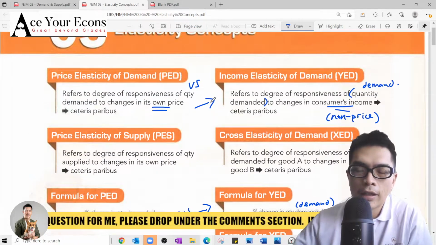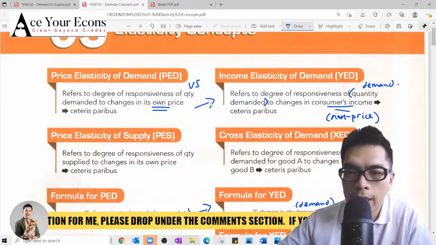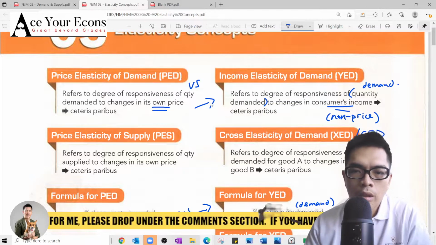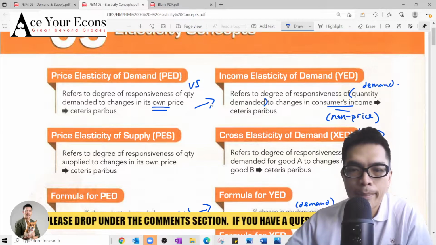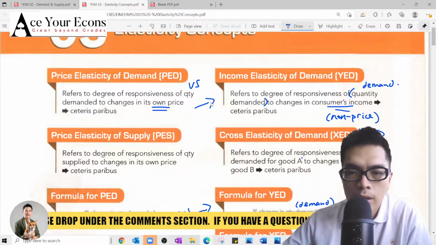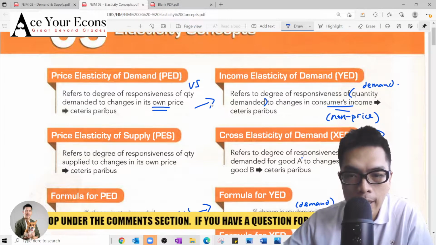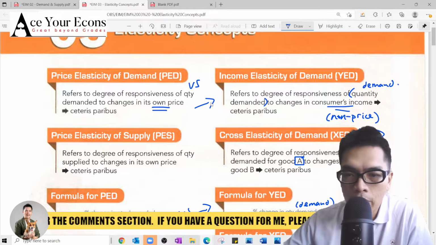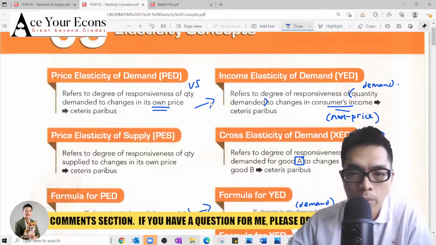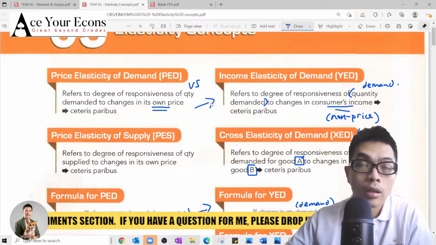So XED or CED, some of the schools use CED. We are concerned about the degree of responsiveness of quantity demanded for good A. I want you all to focus. There are two alphabets here: quantity demanded for good A with changes in price of good B. Two goods.